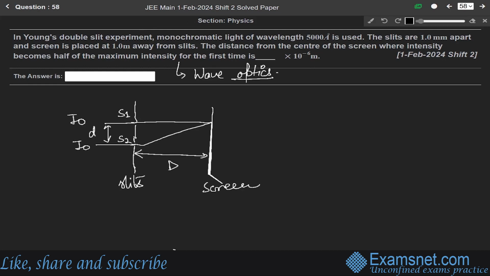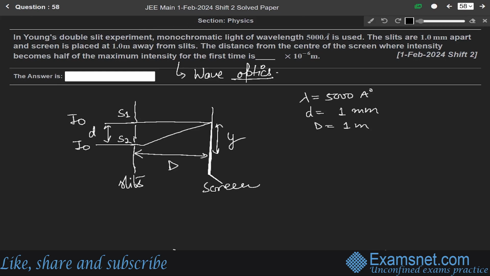Let us say the intensity of the monochromatic light is I0, and this distance is Y. According to the question, the wavelength lambda is 5000 angstrom, the slits are 1 millimeter apart, meaning small d is 1 millimeter, and the screen is placed at 1 meter from the slits, meaning capital D is 1 meter. We have to find the distance from the center of the screen where the intensity becomes half.